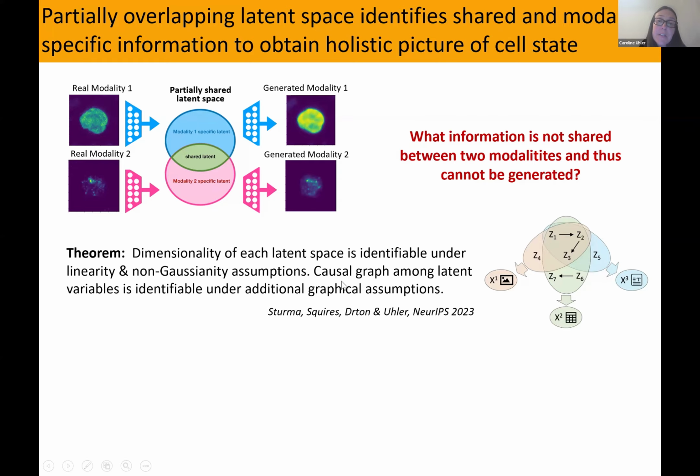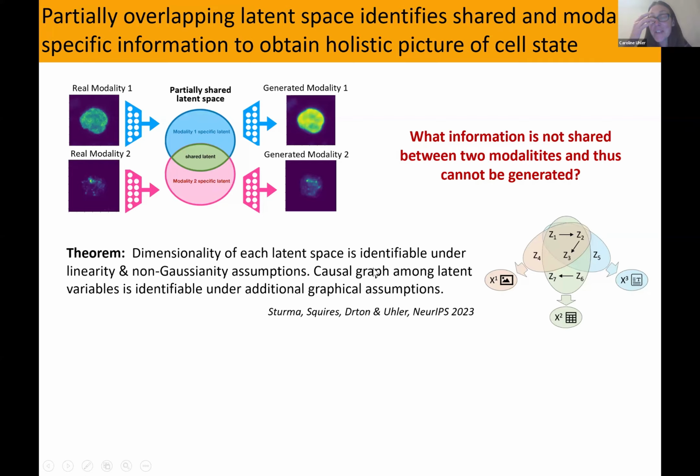But in fact, these results told us that we can also identify, say here, Z4, Z6, Z7 and Z5. These are variables that are only contained in the text or only contained in the tabular data. Similarly, this would mean that we should be able to identify information that is only contained in this particular protein stain and cannot be gotten by translating from the DNA stain.